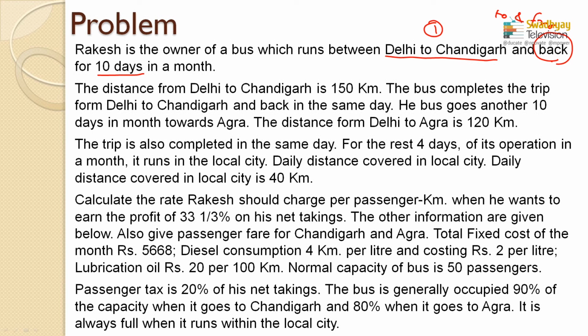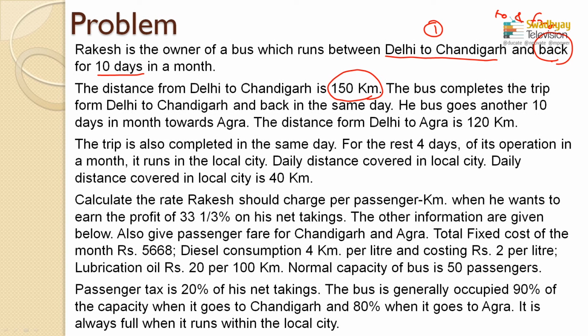So the company's first route is Delhi to Chandigarh, a to-and-fro journey for 10 days a month. Another very important piece of information is that the distance from Delhi to Chandigarh is 150 kilometers. The bus completes this trip from Delhi to Chandigarh and back on the same day.